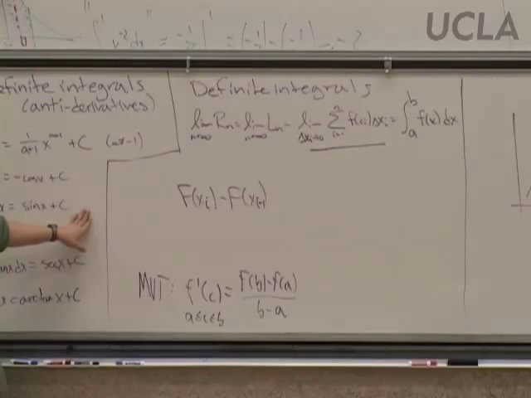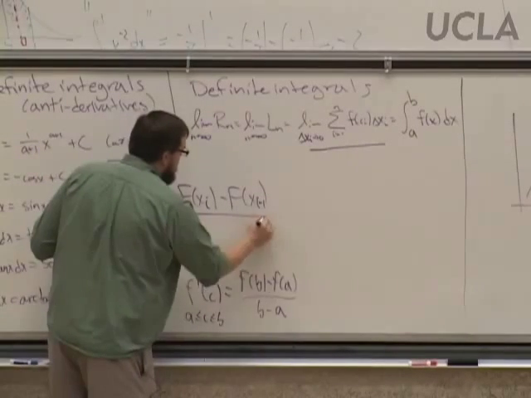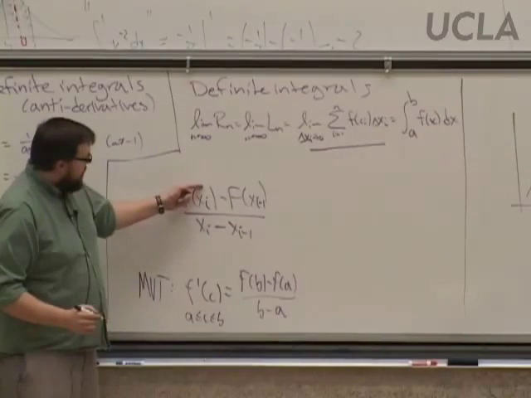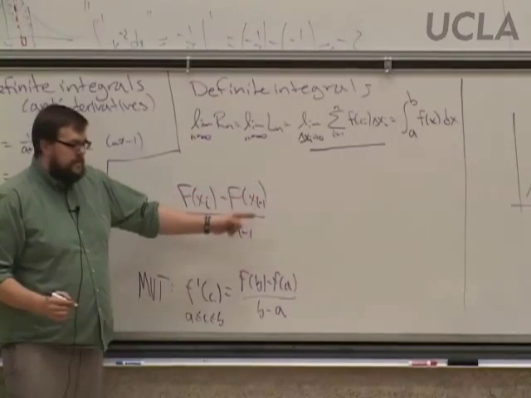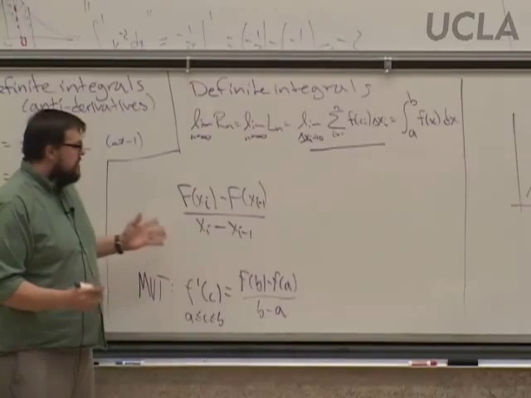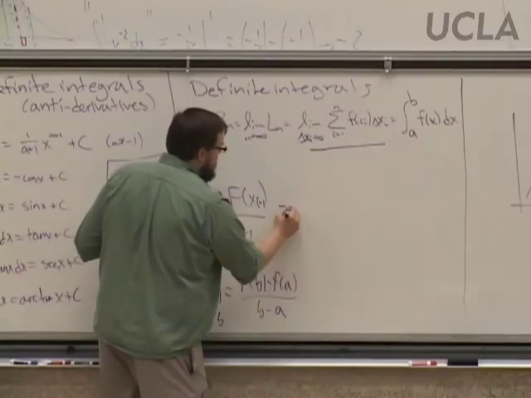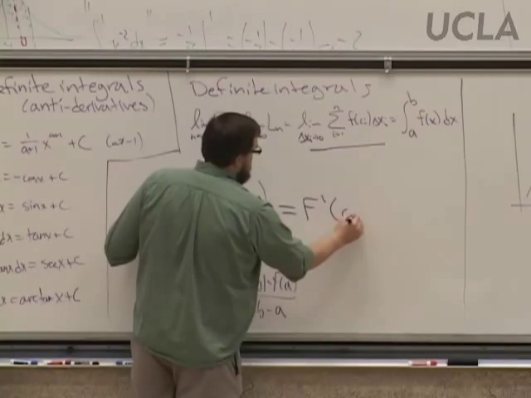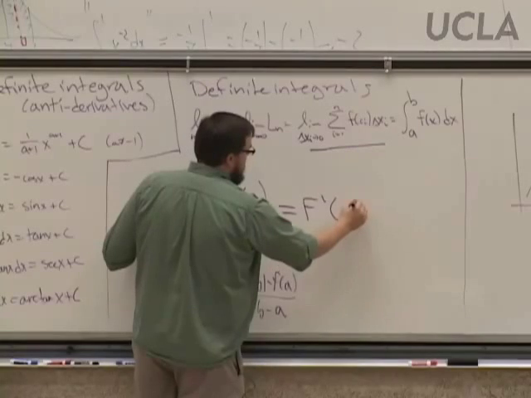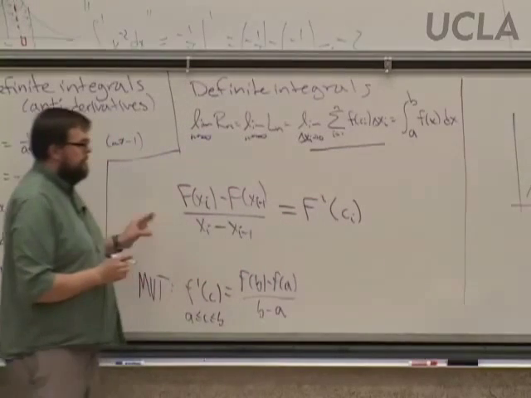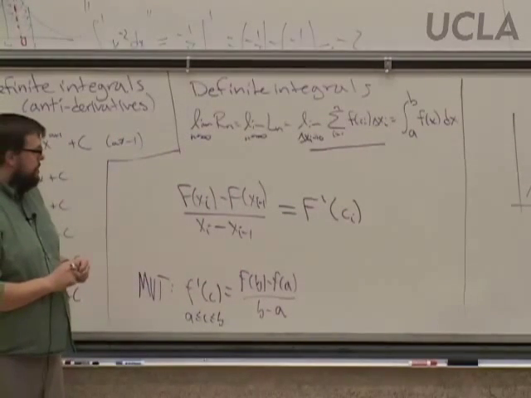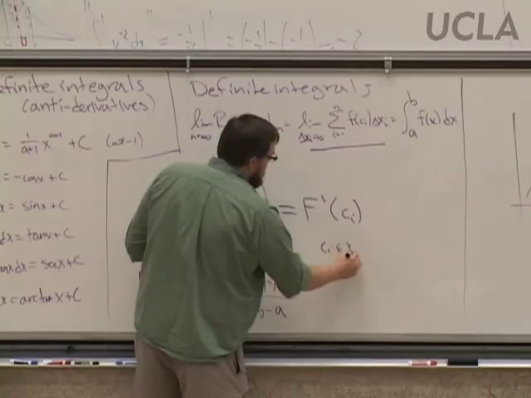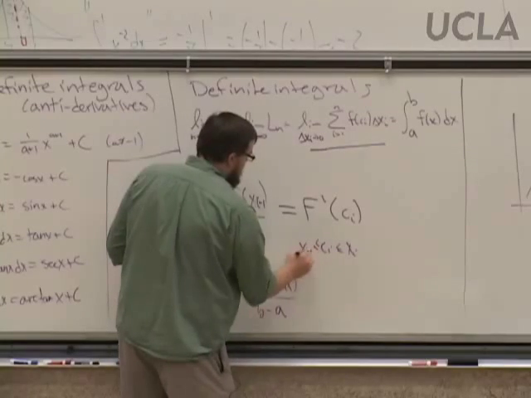So that was the mean value theorem. If I divide this by x_i minus x_{i-1}, so think of x_i as b and x_{i-1} as a, then according to the mean value theorem, this is going to be equal to F prime at what I'll call c_i, where c_i is between x_i and x_{i-1}.